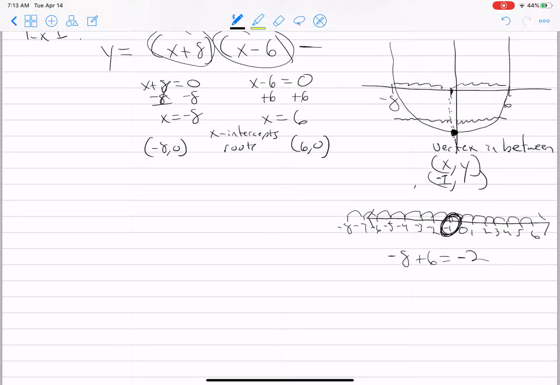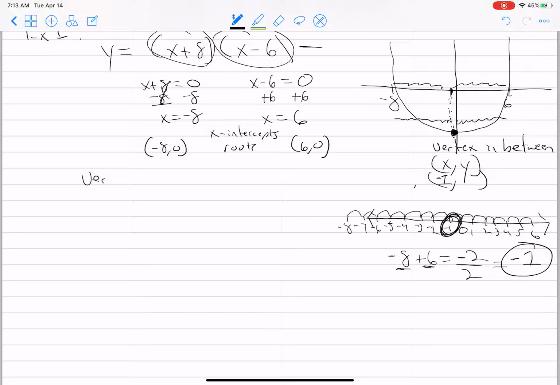And if I'm finding an average, there are 2 things, so I divide by 2, and I end up with -1. Same way, a little bit quicker. So for the vertex, the x value is -1.